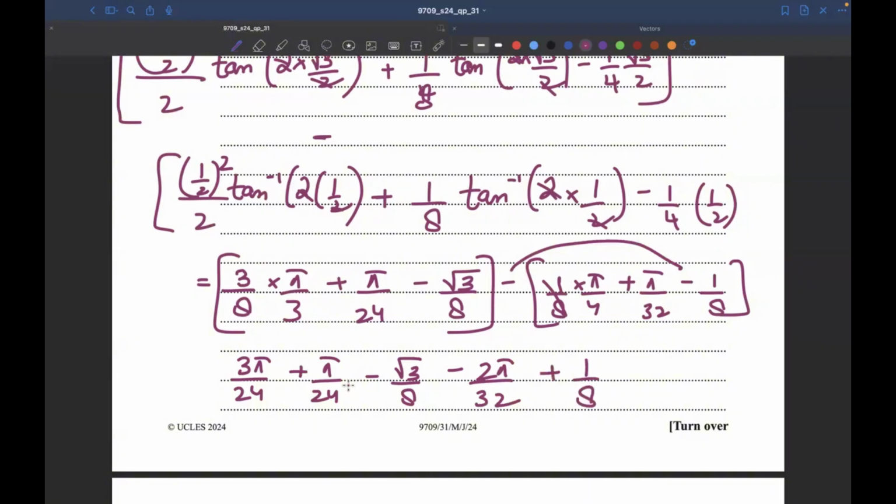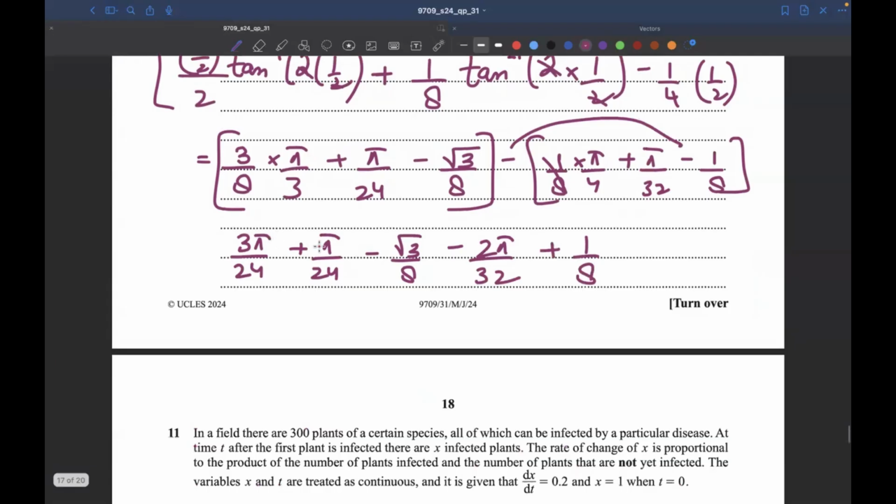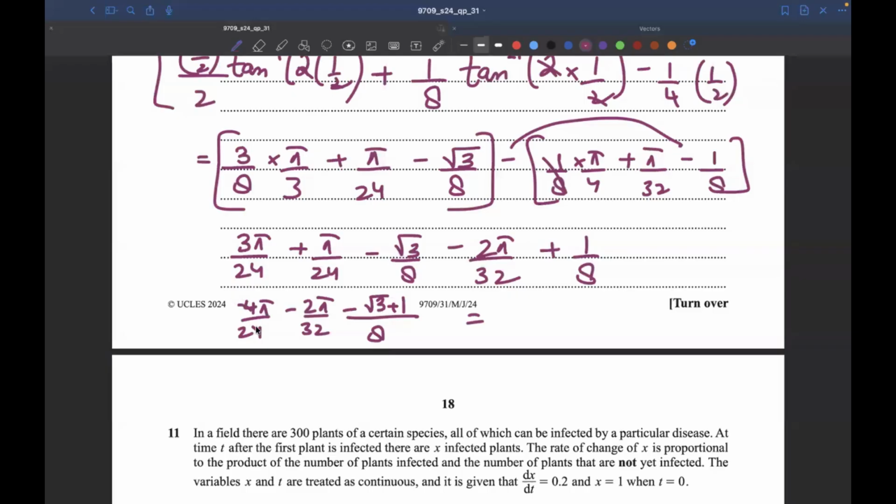Now simplifying this, 3 pi plus pi is 4 pi. So we'll get 4 pi upon 24 minus 2 pi by 32, and then minus root 3 upon 8 plus 1 upon 8. So we can just simply write it as minus root 3 plus 1 upon 8. And then simplifying this, we can get a final answer. So this will be 2 upon 12, and this will be 1 upon 16.